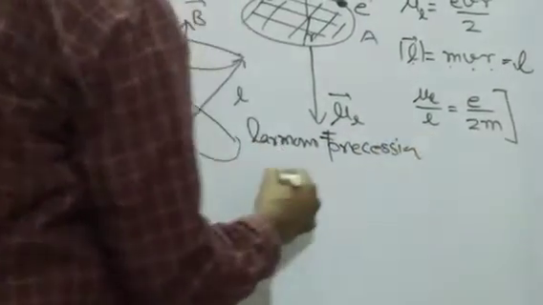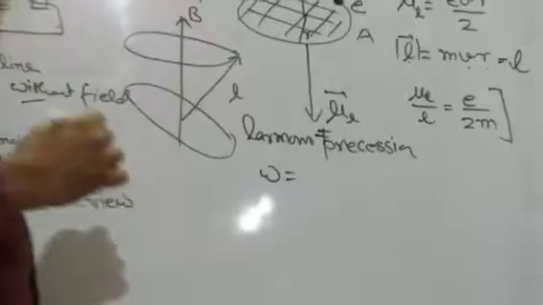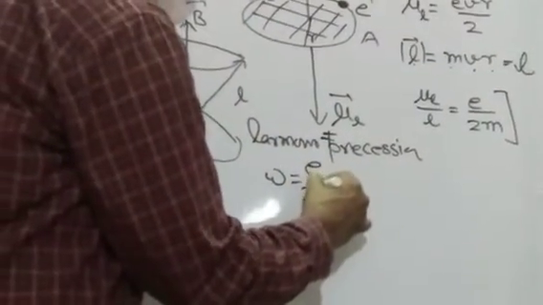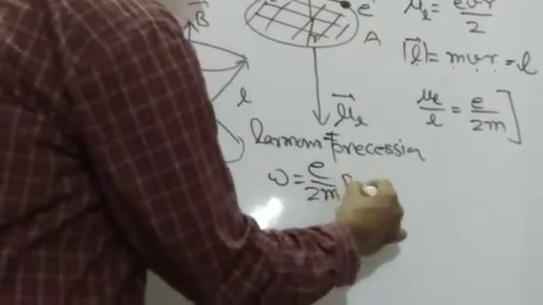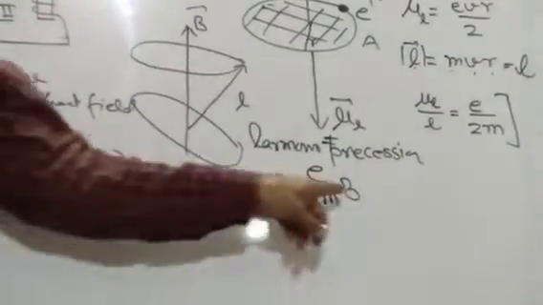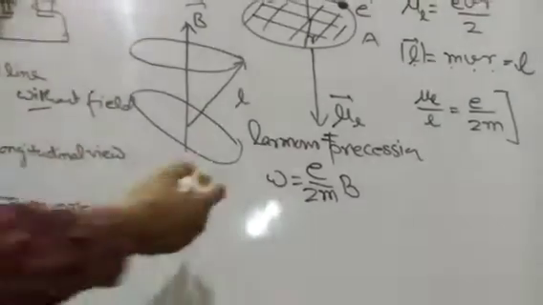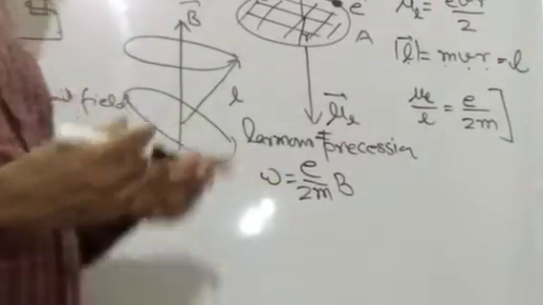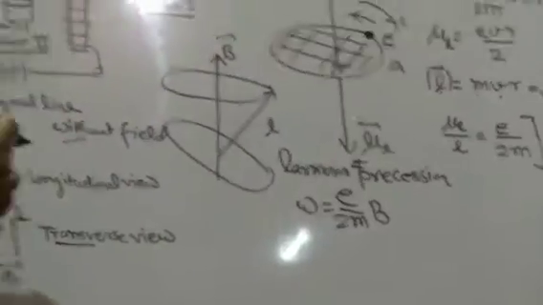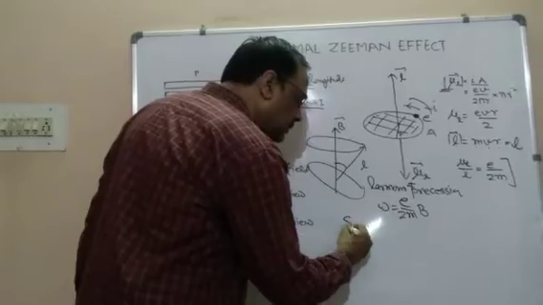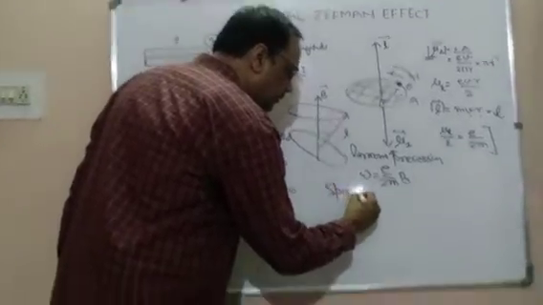You know that the value of the Larmor frequency is e upon 2m times B, where B is the value of the magnetic field. As soon as you increase the value of the magnetic field, the frequency will be more. So these are all the background, and then another concept is the space quantization.